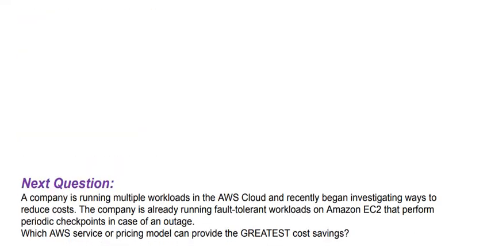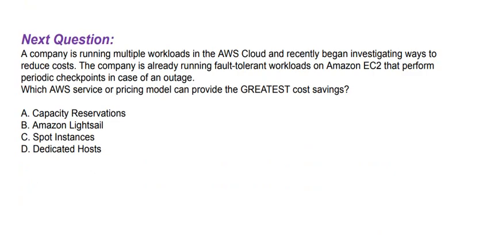Moving to next question. A company is running multiple workloads in the AWS cloud and recently began investigating ways to reduce cost. The company is already running fault-tolerant workloads on Amazon EC2 that perform periodic checkpoints in case of an outage. Which AWS service or pricing model can provide the greatest cost savings?